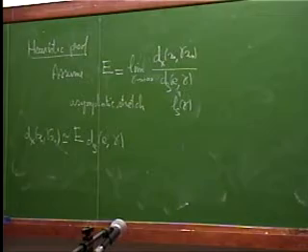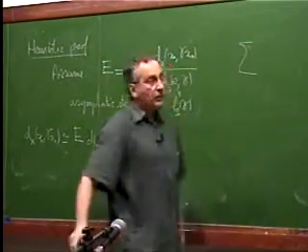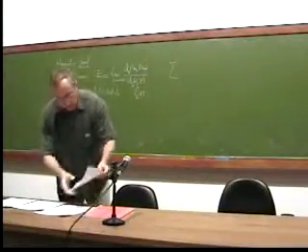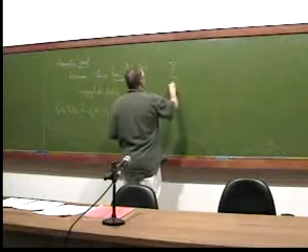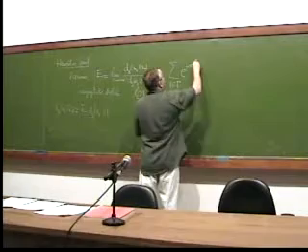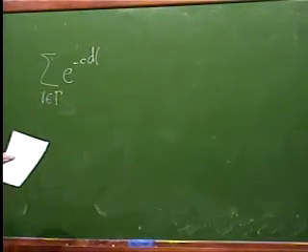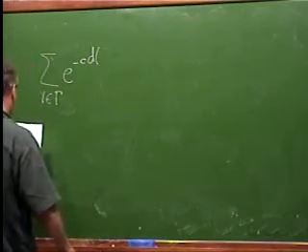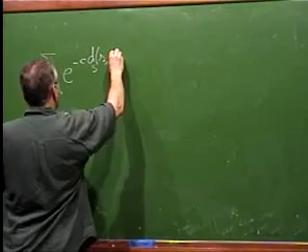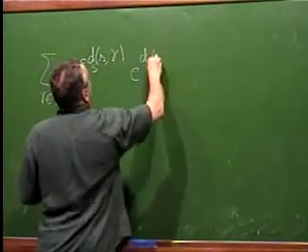Now let's come back to the Poincaré series, which I was stupid enough to erase, which is the sum over gamma of E to the minus C distance, let me take S gamma, and let me take x0.